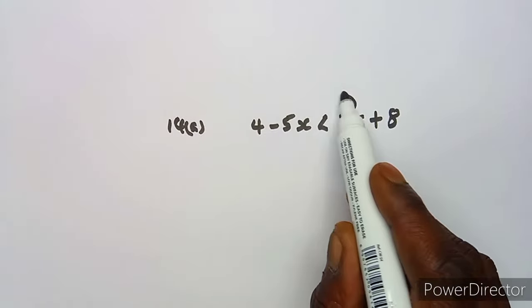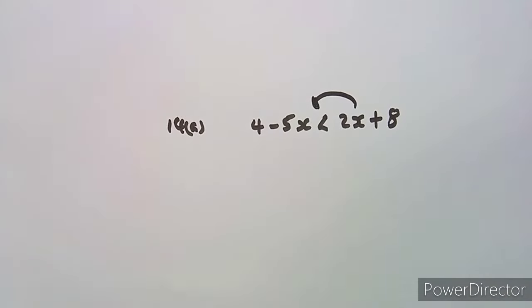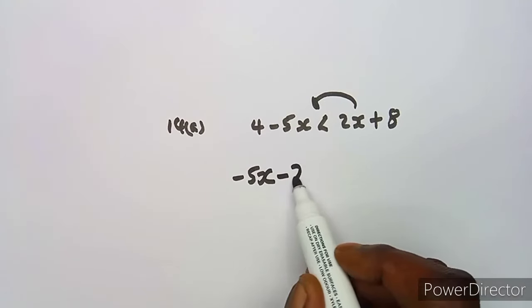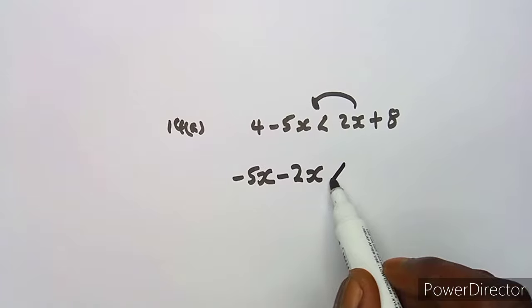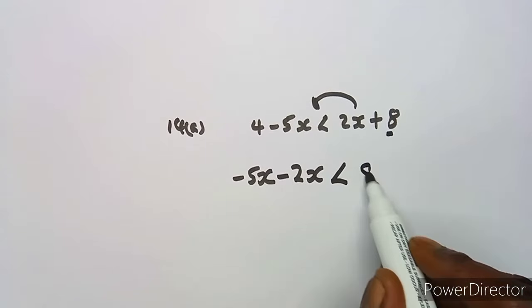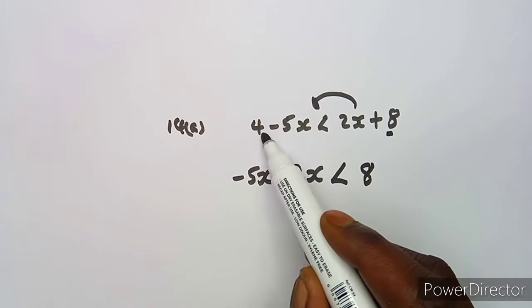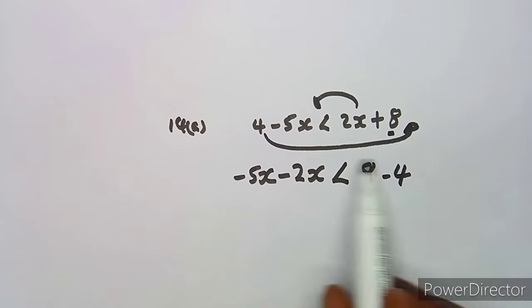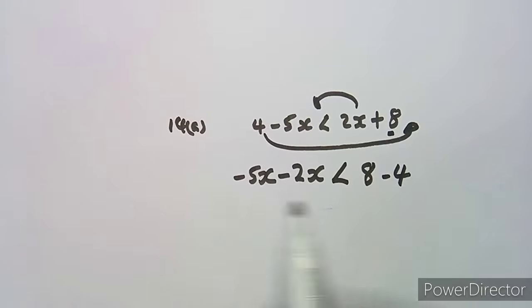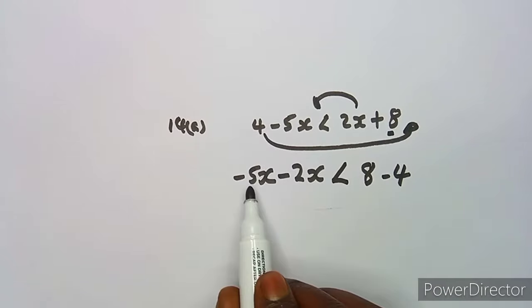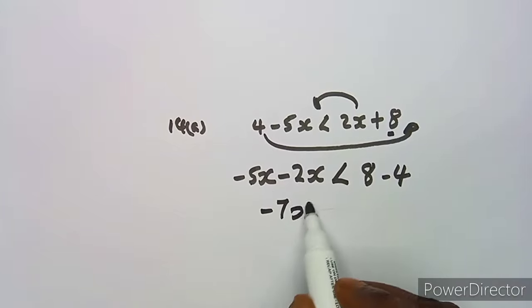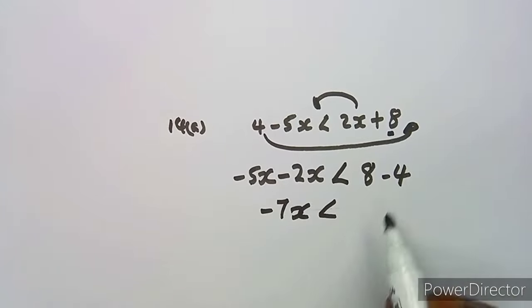If you transpose this term here, it is going to be minus 5x. 2x to the side is going to be minus 2x is less than 8. Then we transpose this 4 to this side, it is going to be minus 4. Take note, when you transpose like this, the sign does not change. You just write it as it is. Minus 5 minus 2, which is minus 7x, is less than 8 minus 4, which is 4.